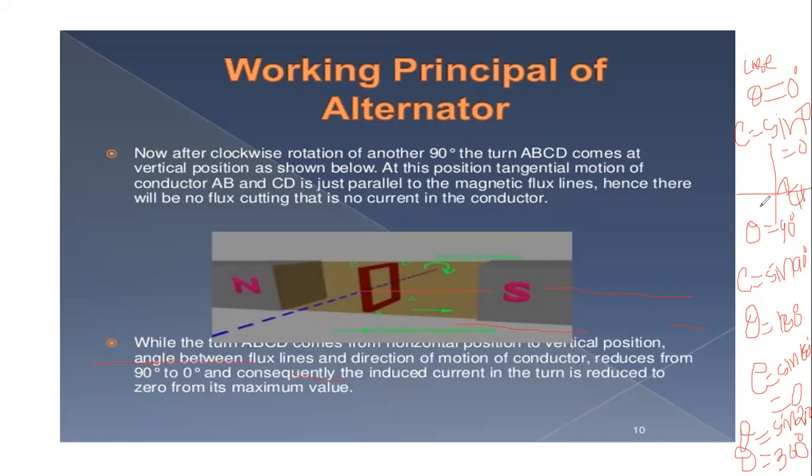But there is a small difference between the AC generator and the DC generator. What is the small difference? In the case of a DC generator, the conductor is rotated, using the slip rings. But in the case of an alternator, the conductor is stationary and the magnetic field is rotated.